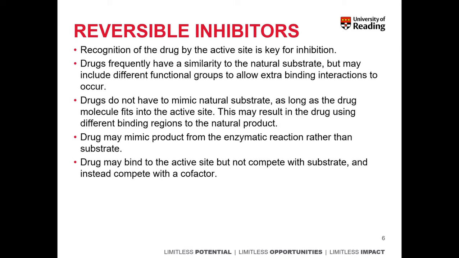So often these molecules are quite similar to the substrate itself. The molecule may also have extra functional groups, additional groups, to allow extra binding interactions to occur and to hold that molecule in the active site more tightly. But the key is that the molecular structure of it is likely to be similar to the natural substrate.